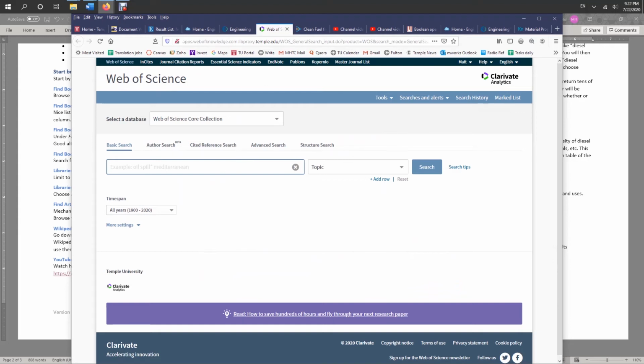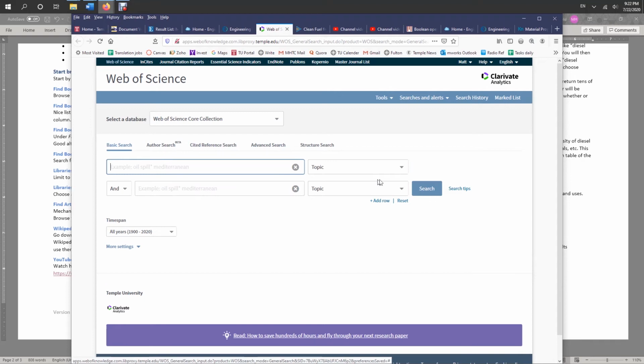This one as well, you can use the Boolean operators. You can also add rows. Okay, so let's just try it again. Diesel exhaust. That's our main term, that's our topic. And I wanted to include marine. Let's see if I can use Boolean operators here. Marine or ship.